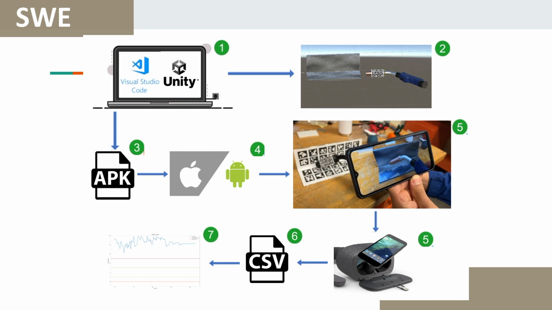In that simulation, we added some coding for the interaction between those elements. And an advantage of Unity is that we can export it in APK format, which means that we can install it on Android or iOS phones. So it will be really easy to have it in your hands, basically.